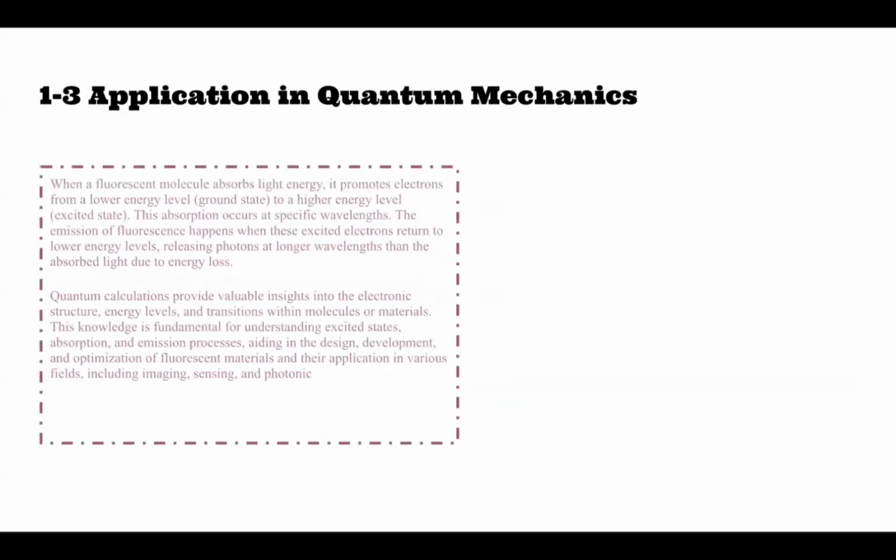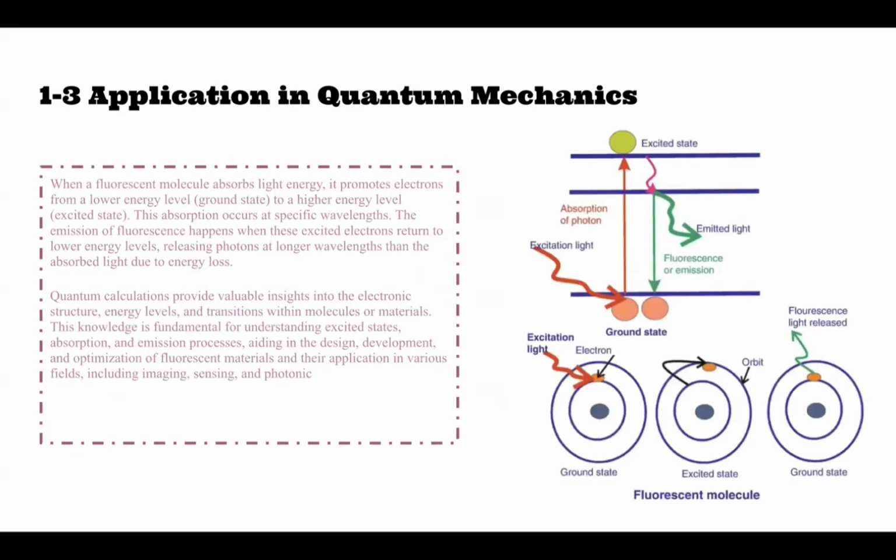Applications in quantum mechanics. Quantum principles serve as our guide in understanding how substances emit light when stimulated by photons, particularly in the context of fluorescence. These are the discrete energy levels of electrons within atoms and molecules, as described by quantum mechanics.